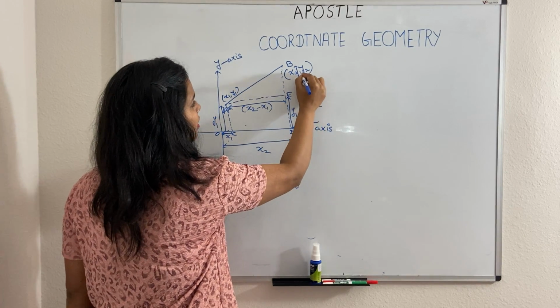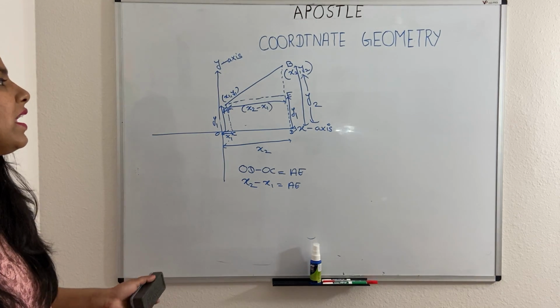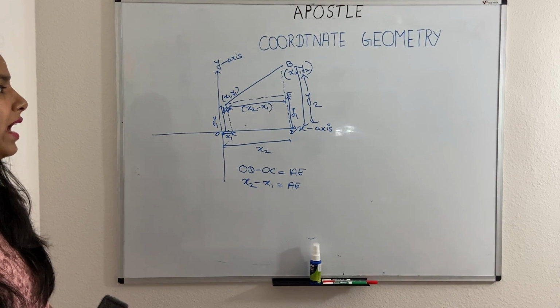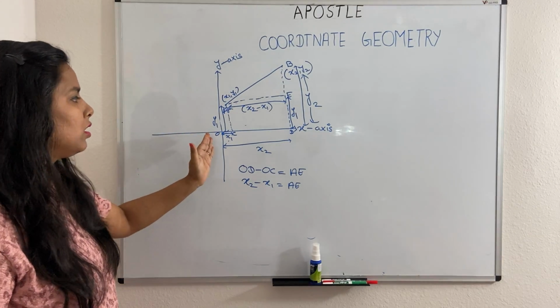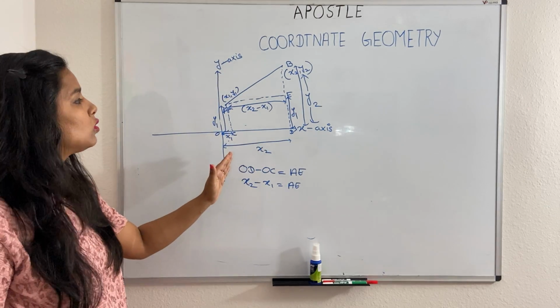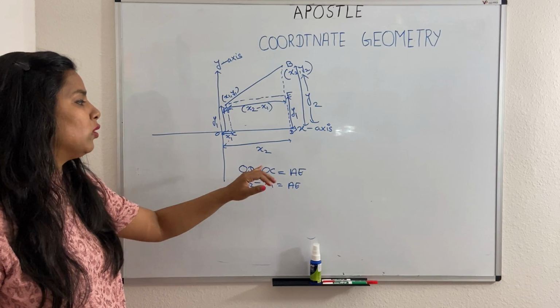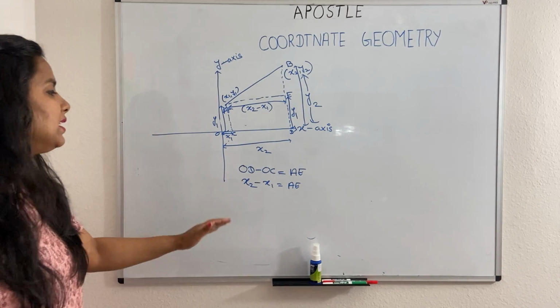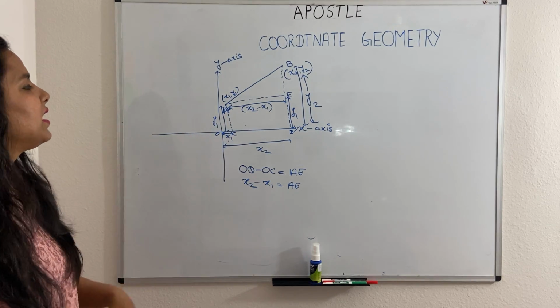I think in the diagram some mesh is there, but do not get confused by the diagram. First of all, we take this OC distance as x1 and then OD distance as x2, and then we have to calculate the AE distance, that is simply OD minus OC is equal to AE, that is x2 minus x1, and we write this as x2 minus x1.